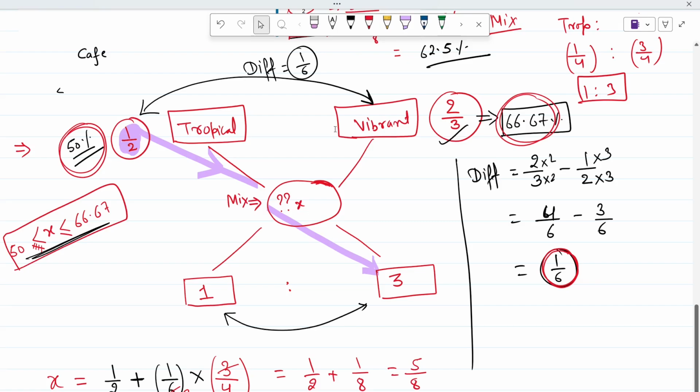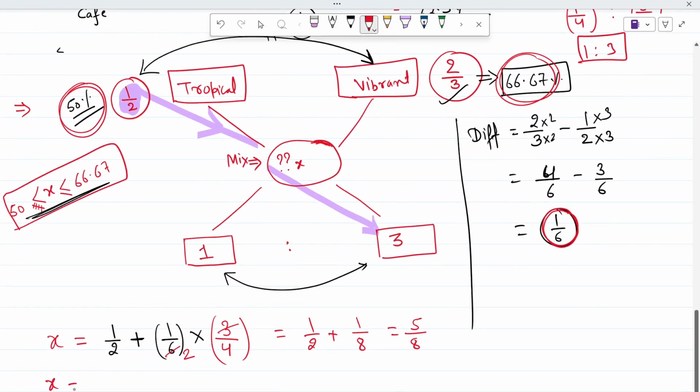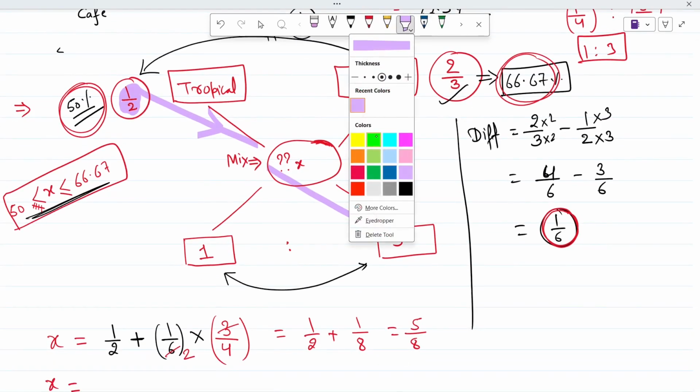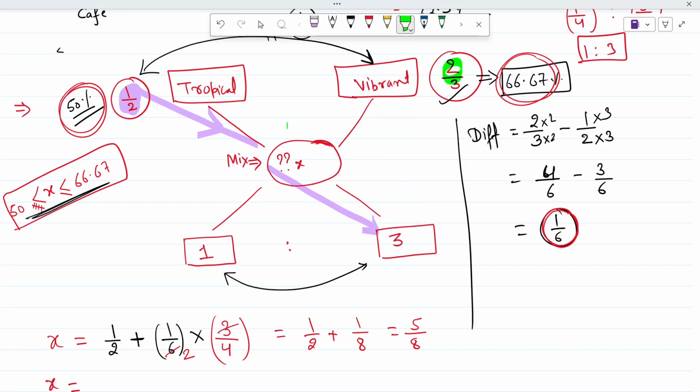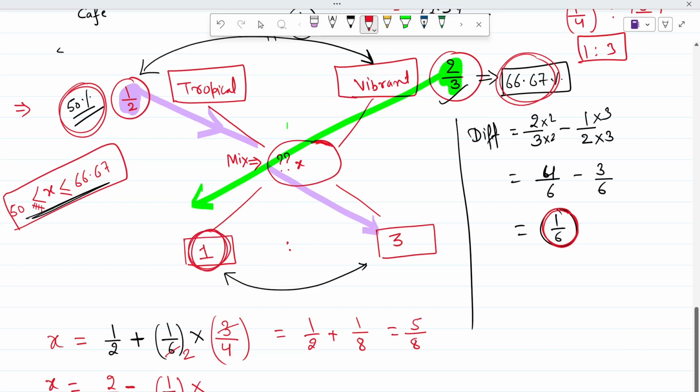We can find our x the other way also. Suppose we want to find it from this 2 by 3, from this side. We can do this. It should be 2 by 3 minus something less. So 2 by 3 minus this difference 1 by 6 has to be divided, and this time the proportion is 1, so it should be 1 over 4.